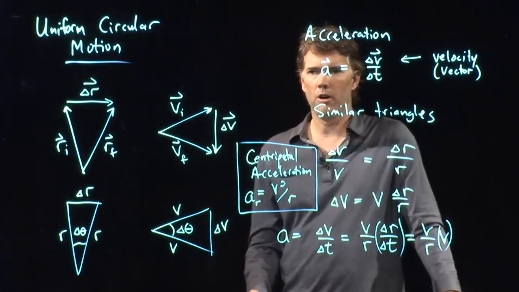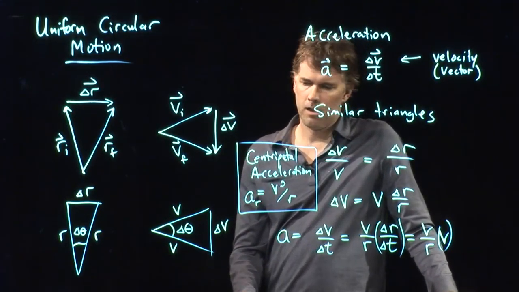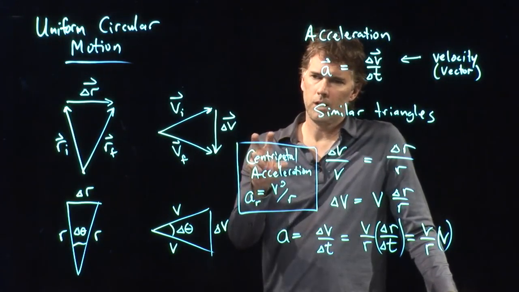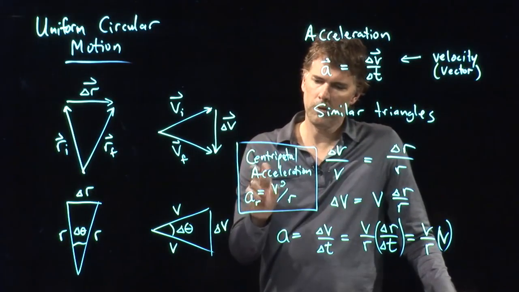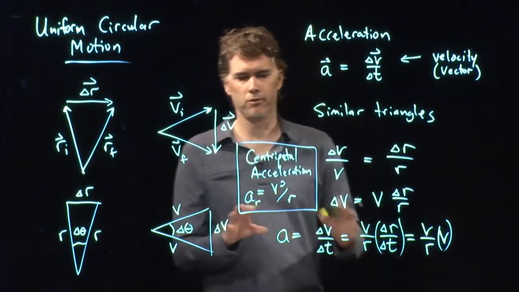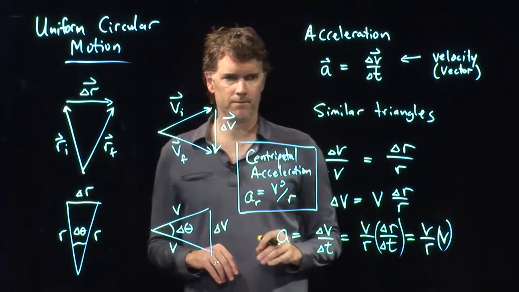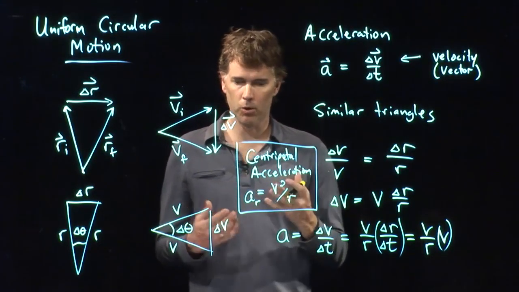I like to use r for radial. Some people use c for centripetal. But what this means is anytime you're moving in a circle, you have a centripetal acceleration towards the center of the circle, which has this magnitude, v squared over r. That's how fast you are accelerating towards the center of the circle.